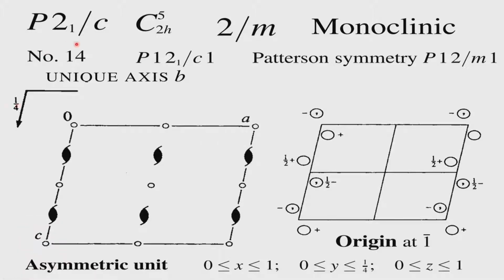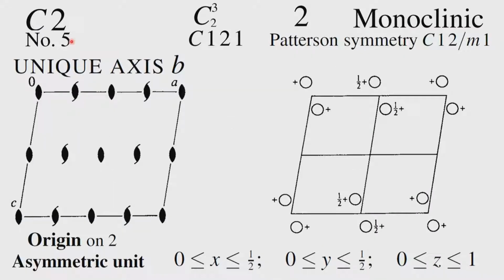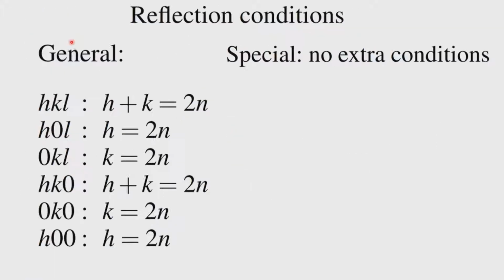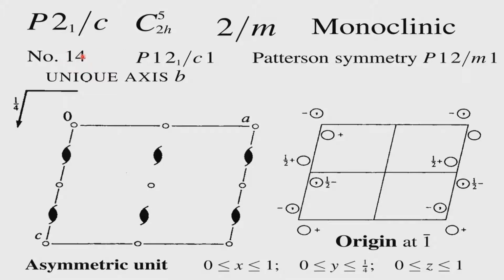So, we have now jumped from space group 5 to space group 14. The arguments which go with the definition of the asymmetric unit, the special positions and so on will be very similar to the other space groups between 5 and 7. So, we do not have to go into the detail of it. So, we go to this space group number 14, a very important space group.